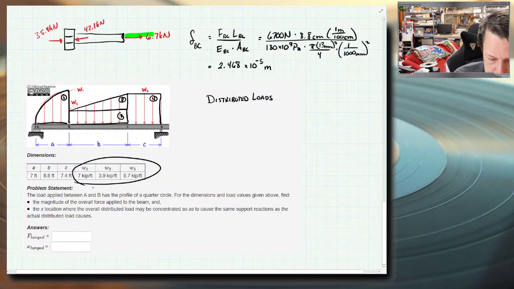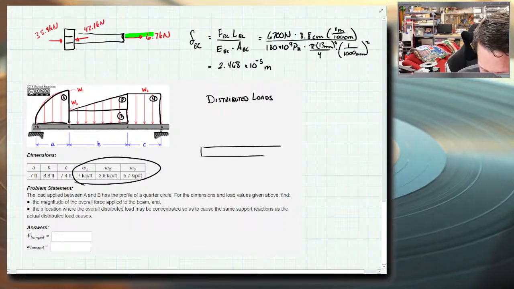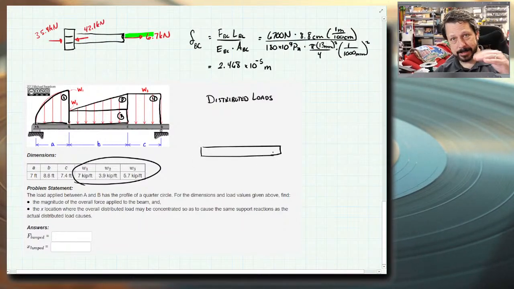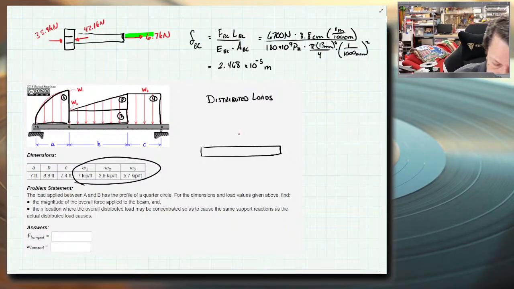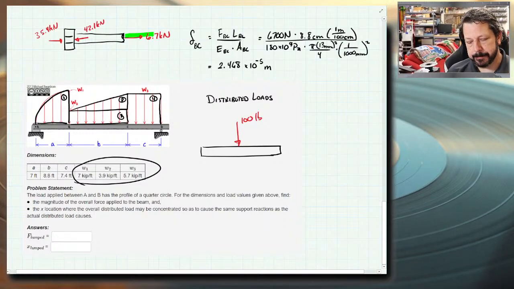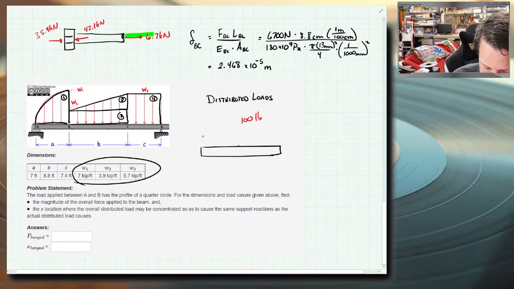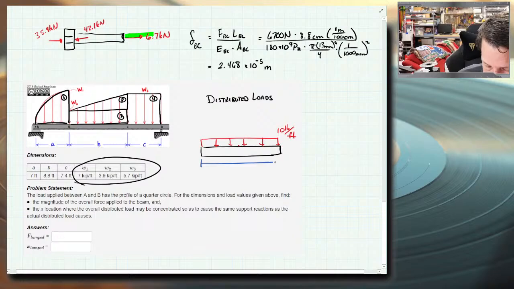What you're thinking of there is you've got some sort of surface, in this case the top of this beam, and instead of putting 100 pounds in a single spot, the load is better represented as this load that is 10 pounds per foot, spread over 10 feet.